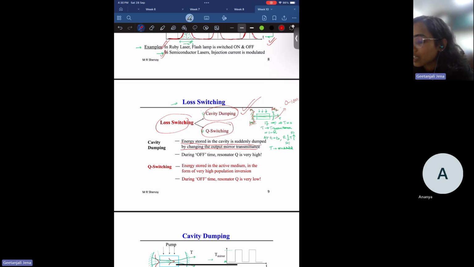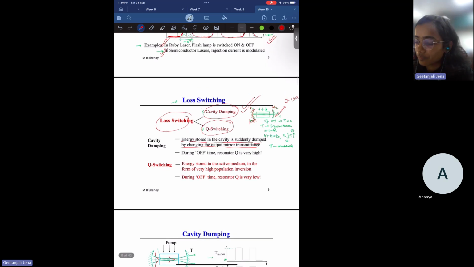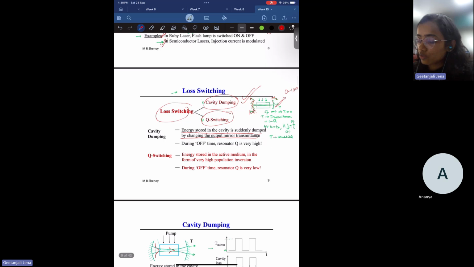In this way, by changing the reflectance of the mirror, you can get a pulsed output through this laser cavity. We'll see the schematic in our next slide. For now, let us see what Q switching is.